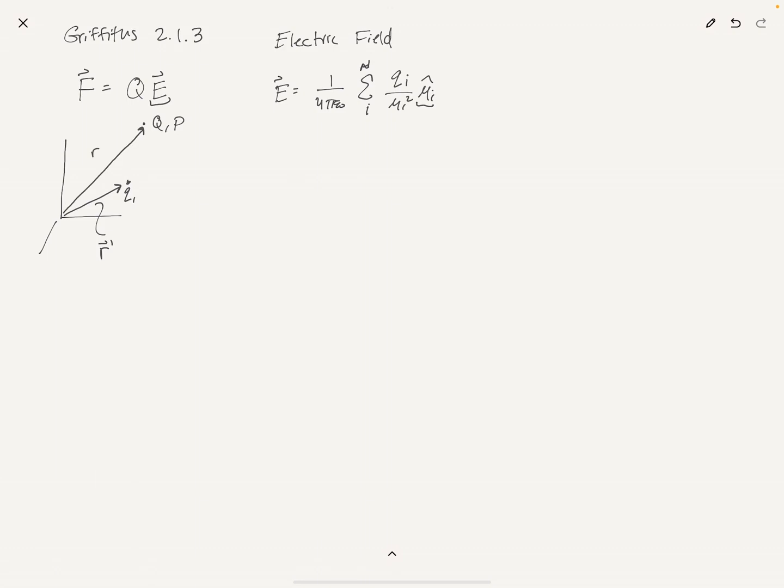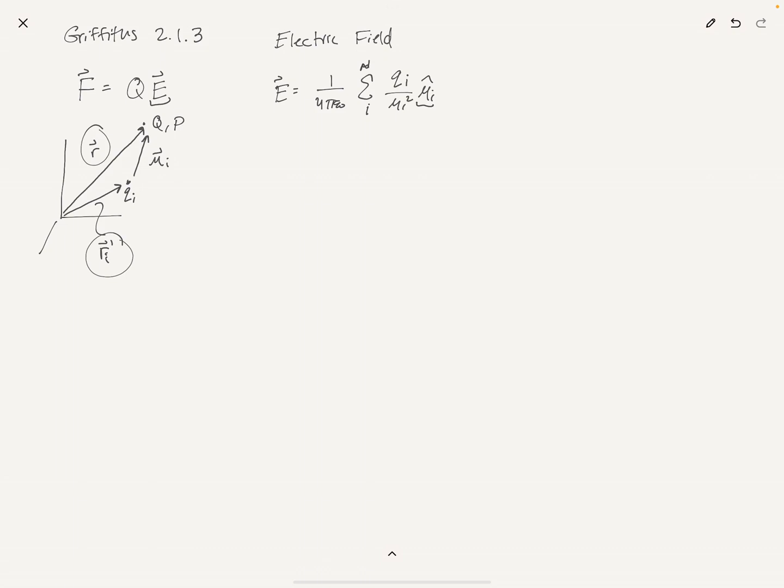That vector is called R, and the vector that points between those is script R. All right, script R i, because that is the ith charge. So I know that to define what the electric field is, I first need to define what my R prime and R vectors are. That's the strategy that I use to solve these problems.